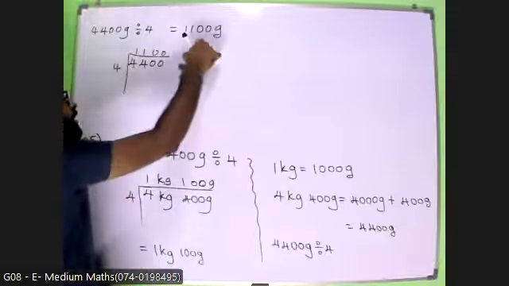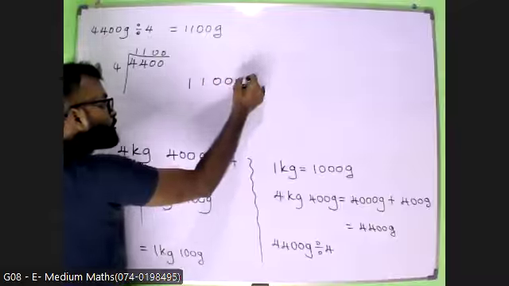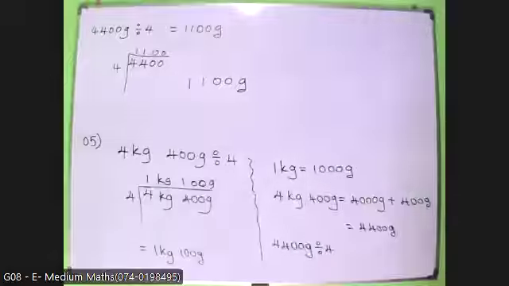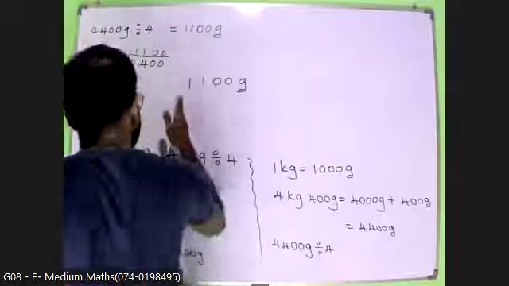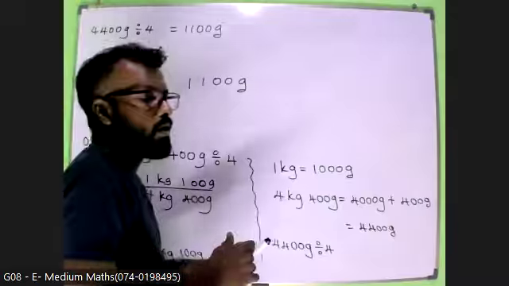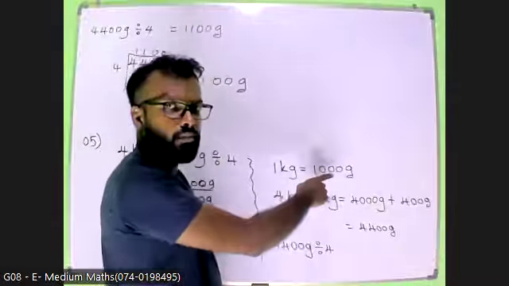Now, here you have 1100 grams. So I will give you a trick on how to convert this into kilograms and grams. How many grams are there for 1 kilogram? 1000 grams.